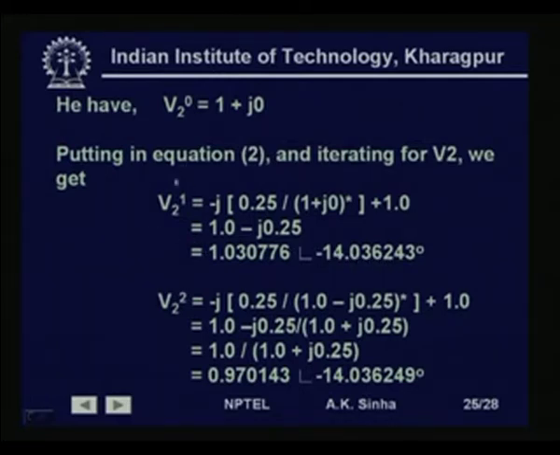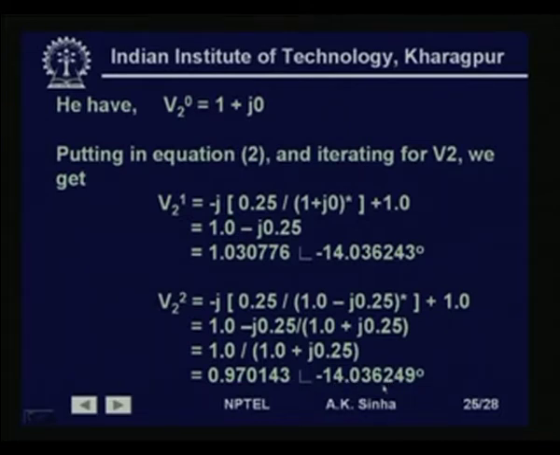Now, if we substitute this value for V2 in that equation, we will get another updated estimate, that will be V2 at the second iteration, which after substituting the values here, we will get 0.970143 with an angle of minus 14.036.